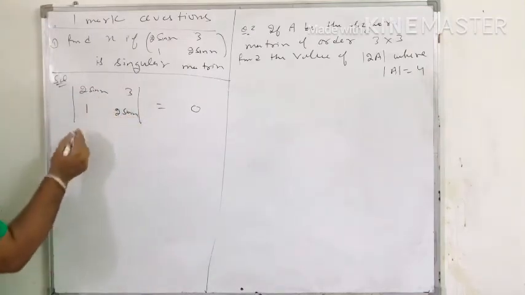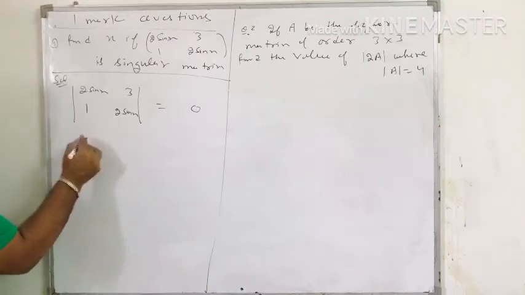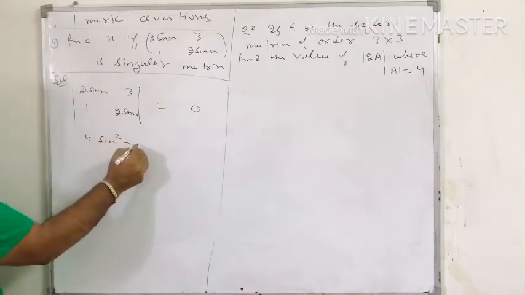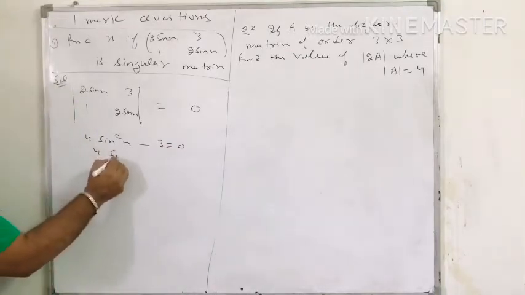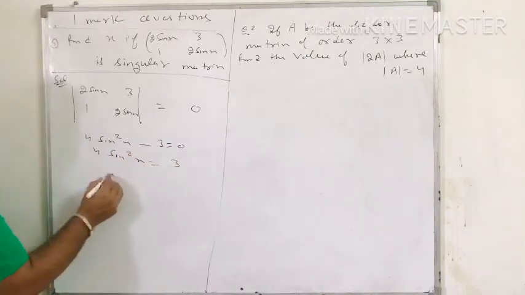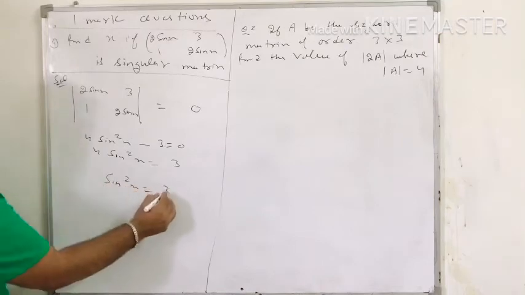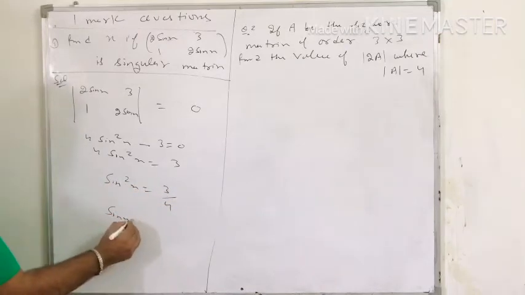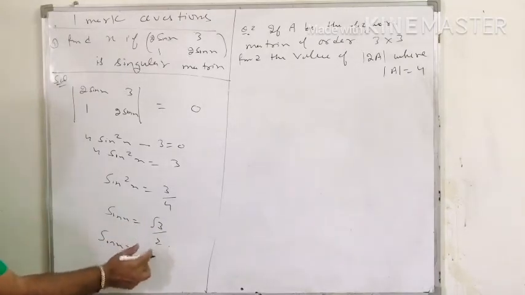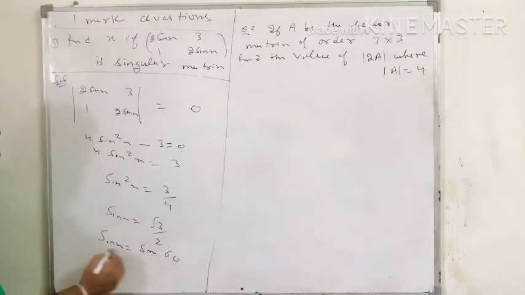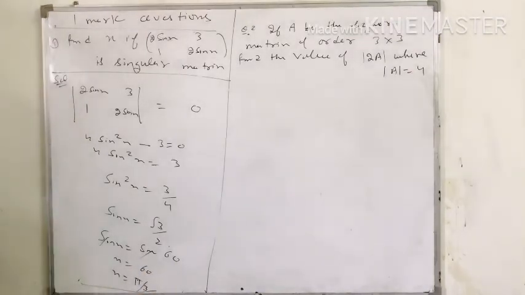When we find the determinant of this matrix, 4 sin square x minus 3 equals 0. Now 4 sin square x equals 3. So sin square x equals 3 by 4. Sin x equals root 3 by 2. But we know root 3 by 2 is sin 60. So the value is 60, we can write pi by 3.